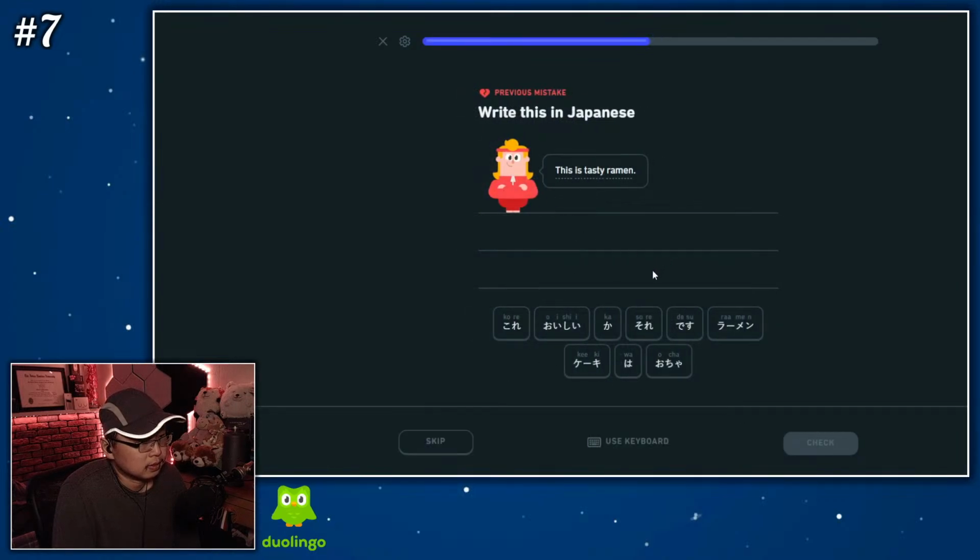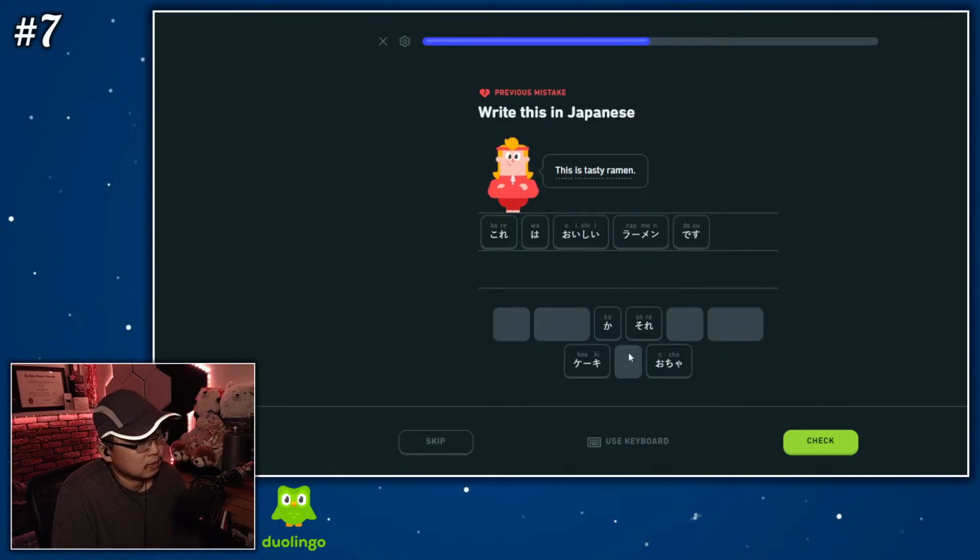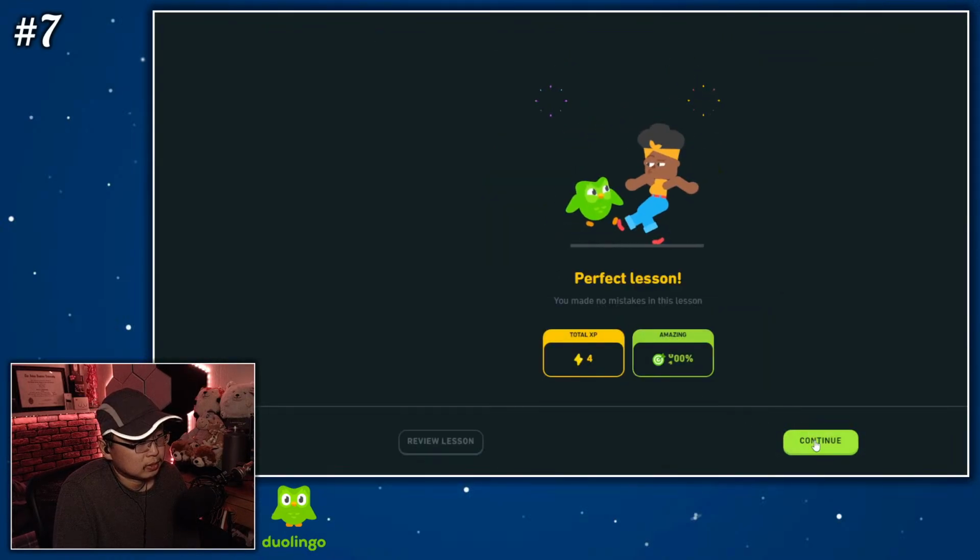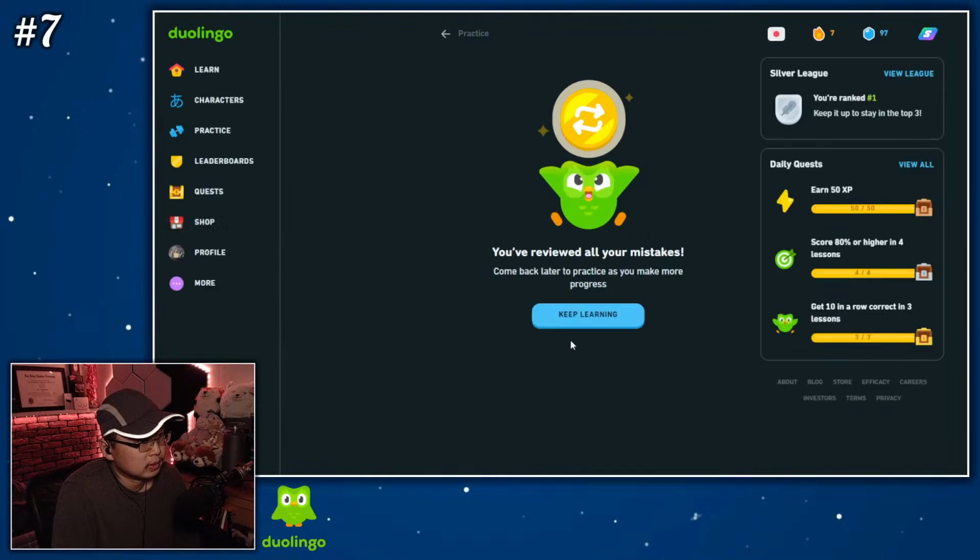And then これは美味しいラーメンです. Again, I confused ka with wa. Not too bad. Okay.